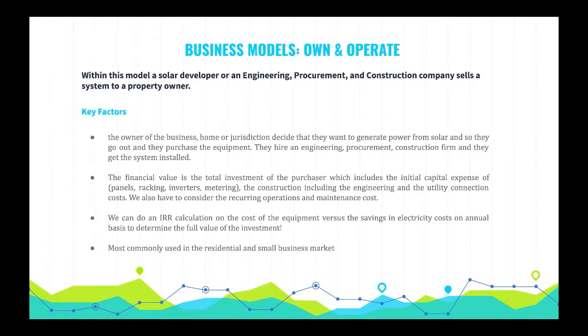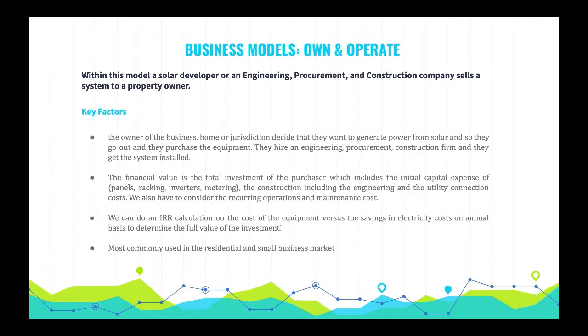To assess if this business model is financially feasible, all we have to do is calculate the total cost of all the different components and compare that to the annual electricity savings every year. So it's fairly simple, and we can do a simple IRR calculation.